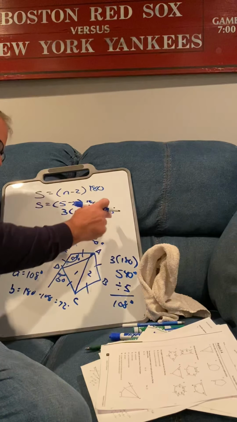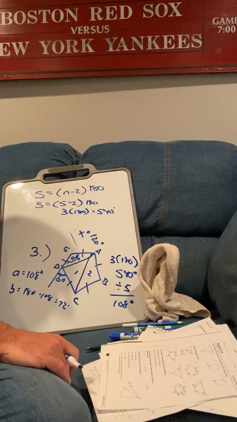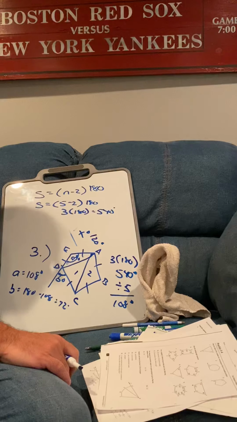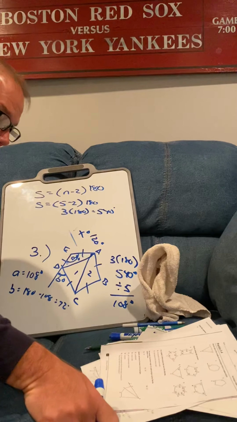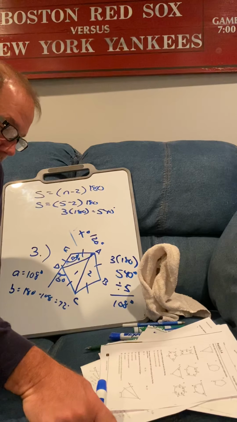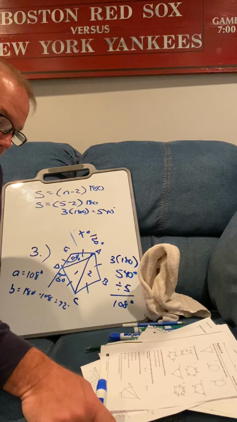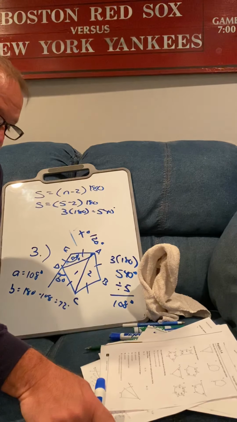We still end up with that 540 degrees, instead of breaking it up by the triangles. So for example, in number 4, that figure, again, is a pentagon. It has 5 sides. So all of the angles are going to add up to 540. For you to find X, you're going to add them all up and subtract from 540.